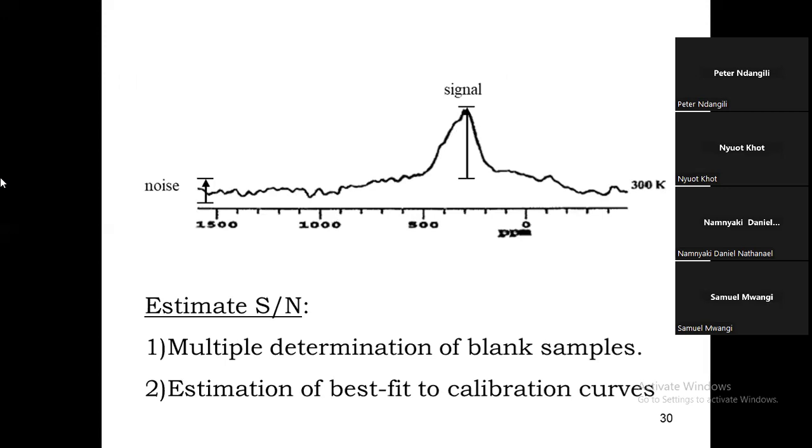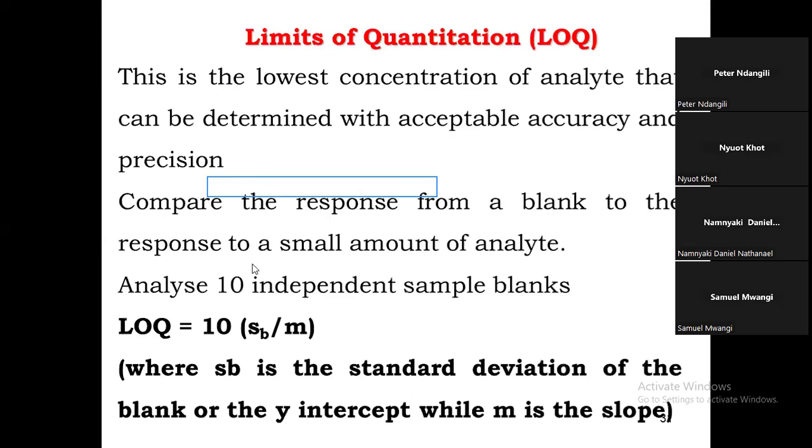This particular signal here we say is noisy, because if you look at this, it is not smooth. So when it is not smooth, then we say that the noise is very high. So it is important that you calculate the signal to noise ratio. And the signal to noise ratio is one of the parameters that you report in your analytical measurements.